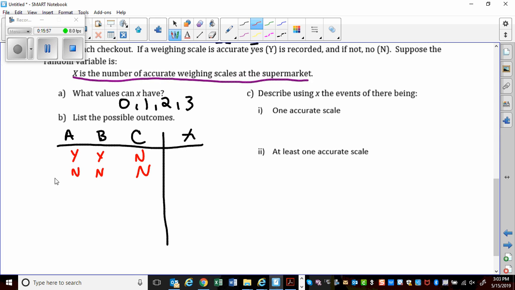Let's go in order. There'd be 3 of them. None of them worked: no, no, no. This would be 2 of them worked: yes, yes, no. Yes, no, yes would also be 2 of them.